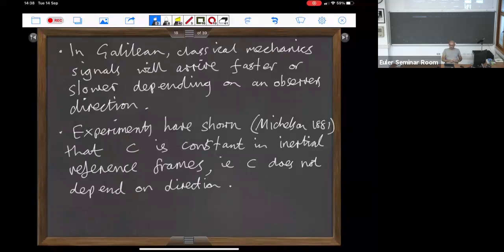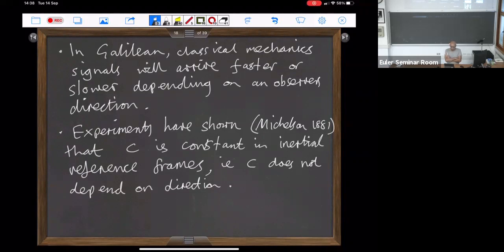because in the Galilean world, signals will arrive faster or slower depending on the observer's direction. If I'm traveling towards a signal, it will arrive faster than if I'm traveling away from it. But experiments have shown, and this goes back to Michelson in the 19th century, but of course many experiments have subsequently been done, that the speed of light is constant in all inertial reference frames.